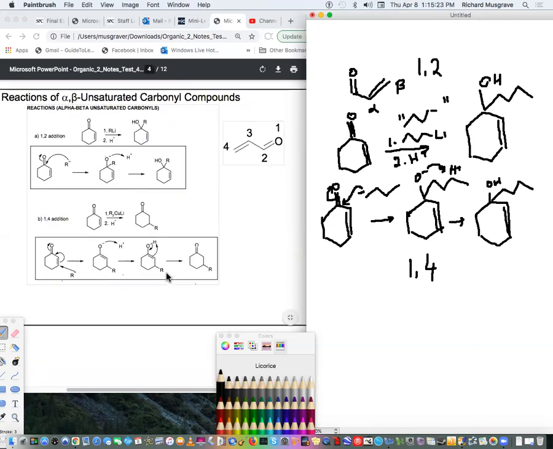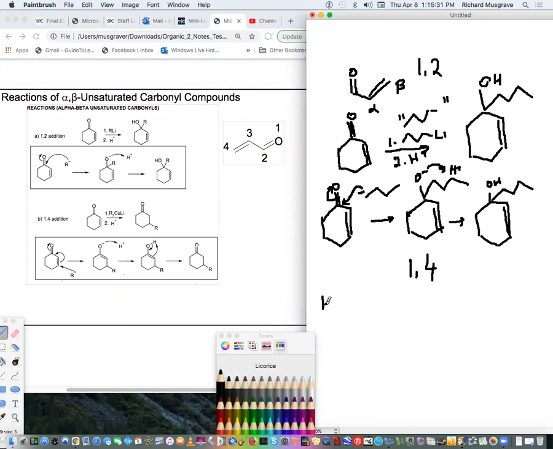The reagent we're using to achieve 1,4 addition is different. It's this one. So this is A, this is B. And you can see the different compounds here on the arrow that are causing this.